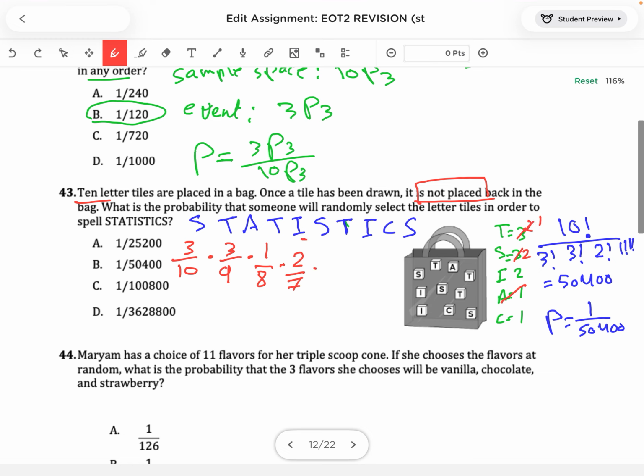Now with I, I have 2 I's over 6, times S, I have 2 over 5, the number of S becomes 1. Then T, which is 1 over 4. Then I have now only 1 I over 3, C 1 over 2, and the last S is 1 over 1. So if you multiply all by each other, you will get the same answer. So you can use the way that you prefer.